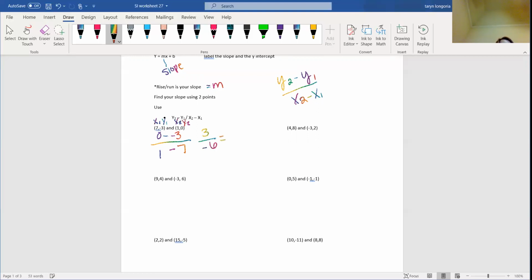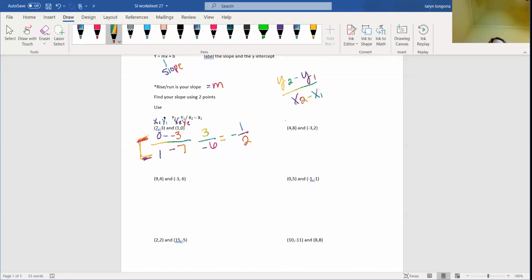Then you end up getting -1/2 as your slope. With this, you can check in your calculator: plug this part in and make sure you get 3, put this in and make sure you get -6, just in case you accidentally made a little error.